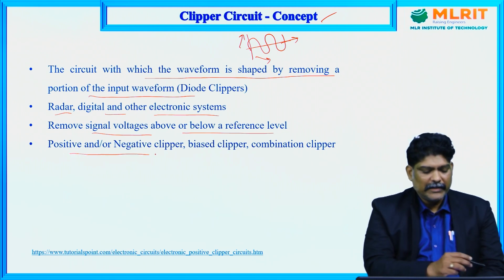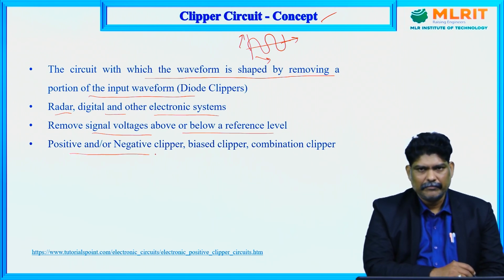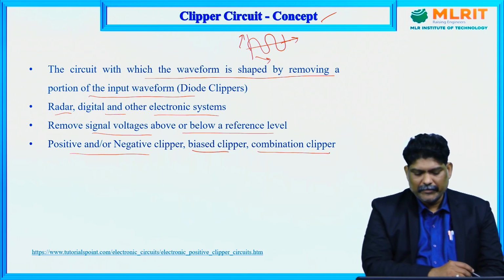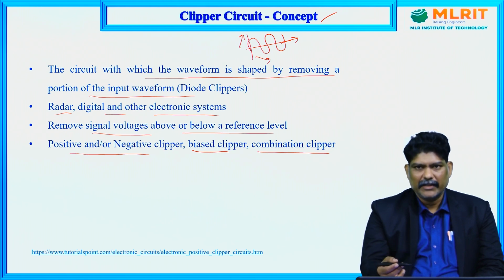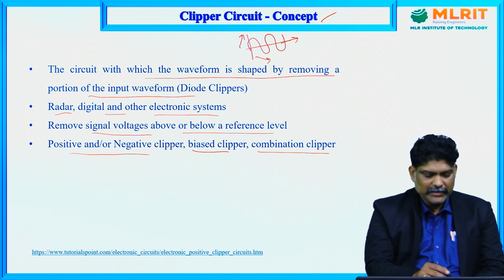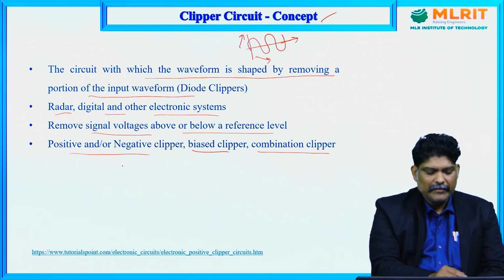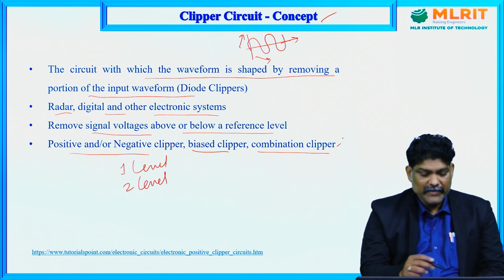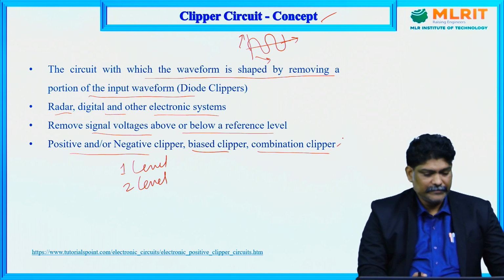We have different kinds of clippers: positive and negative clippers, biased clippers, and combination clippers, that means both the positive side and the negative side. So this is a one level clipper, and two level clippers are there. Okay, so let us see one by one.